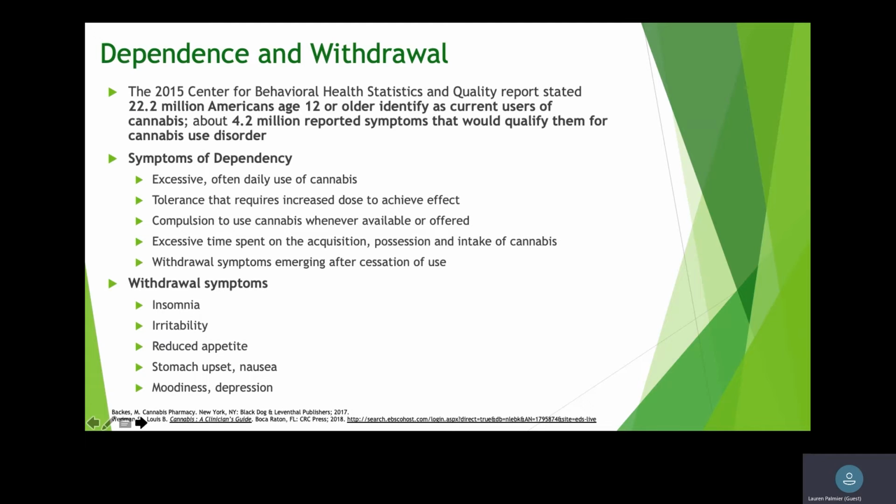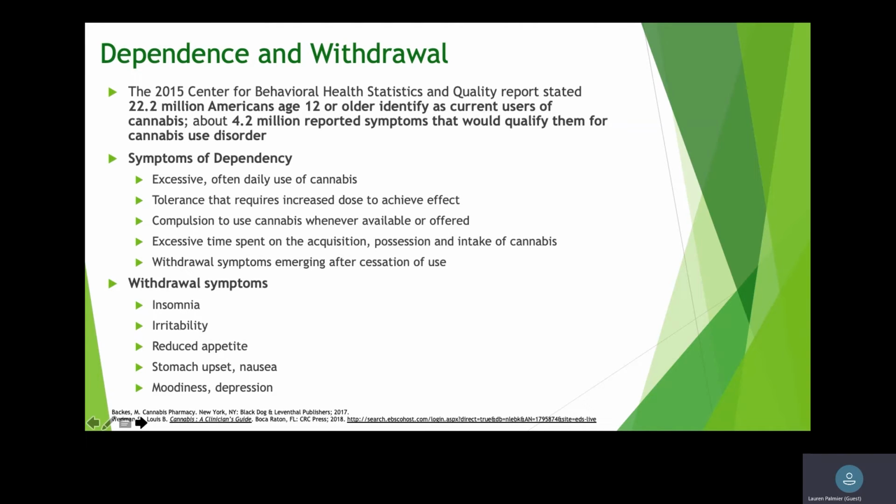So dependence and withdrawal. The 2015 Center for Behavioral Health Statistics and Quality report stated that 22.2 million Americans aged 12 or older identified as current users of cannabis, and about 4.2 million of those 22 million reported symptoms that would qualify them for cannabis use disorder. So just like we have opioid use disorder in the DSM-5, we also have cannabis use disorder.